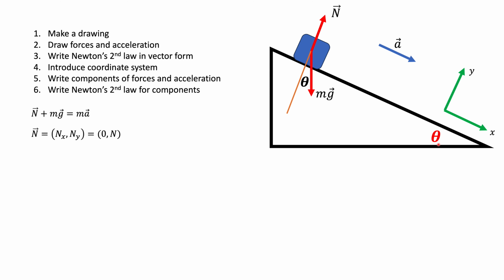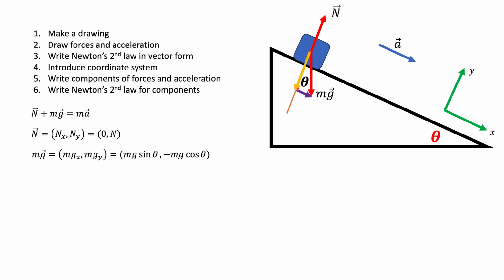Now, if you are not familiar with this fact, I actually highly suggest that you try to derive it on your own. What we're going to do now is use this fact. The horizontal component of mg, component on the x-axis, will be this purple vector, and the vertical component will be this yellow vector.